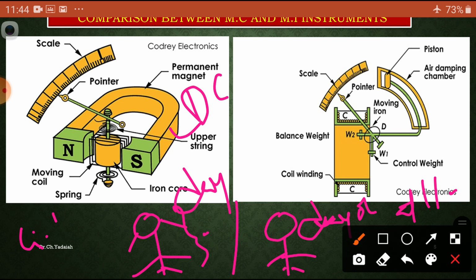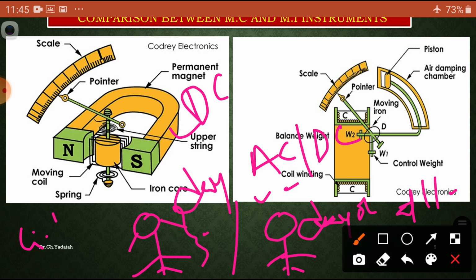That means I can use the MI instruments for AC as well as DC. Whereas the moving coil instrument I can use only in the daytime, because I cannot send my daughter at night to the medical shop even in an emergency, so it is used only for DC.